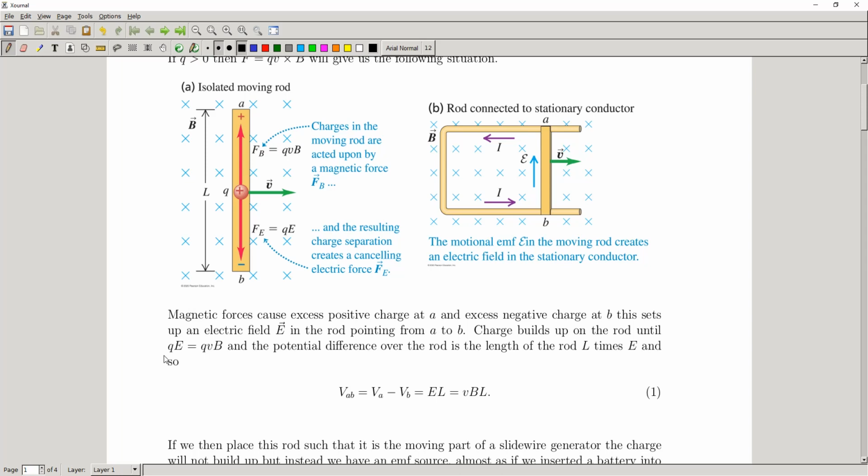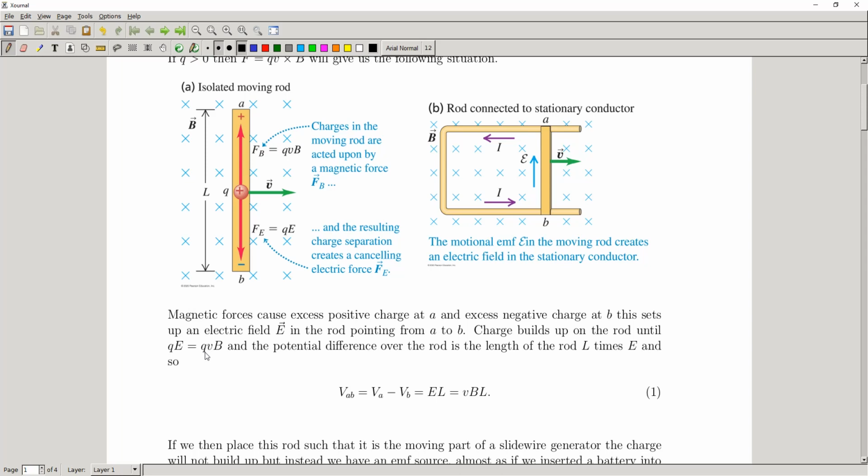Okay, we can find the potential difference across this rod. So the potential difference across the rod is simply going to be L times our electric field, right? Our potential difference is nothing but our electric field per unit length, right? And so we end up with this expression here. If we take these expressions, we can eliminate Q from both sides.